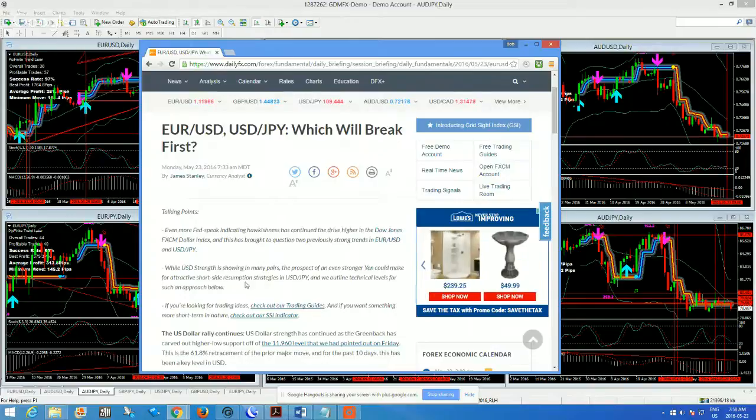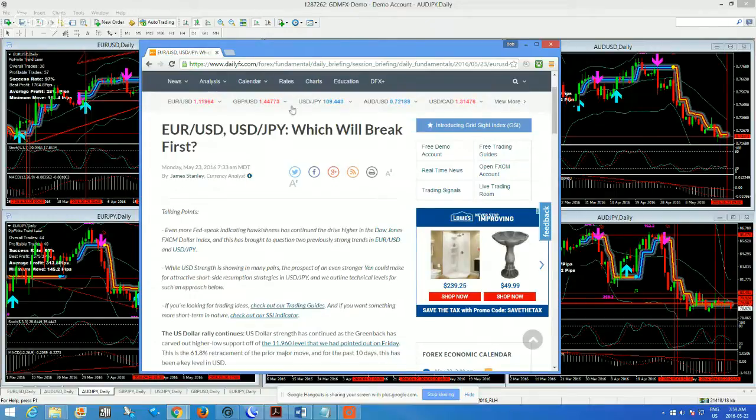While U.S. dollar strength is showing in many pairs, the prospect of an even stronger yen could make for attractive short side resumption strategies in U.S. dollar, Japanese yen. And they say the outlined technical levels. So they're saying a stronger yen would mean to short the US dollar, Japanese yen.